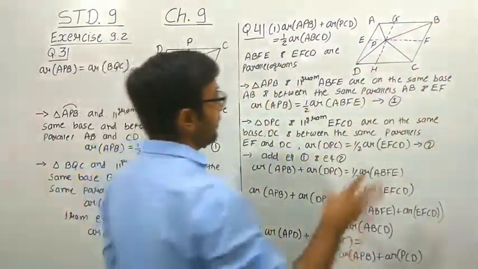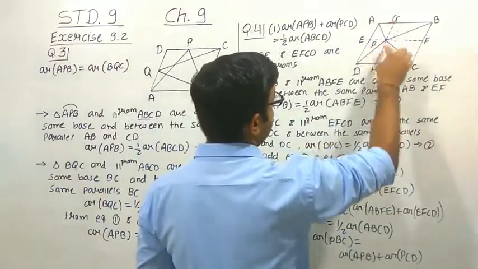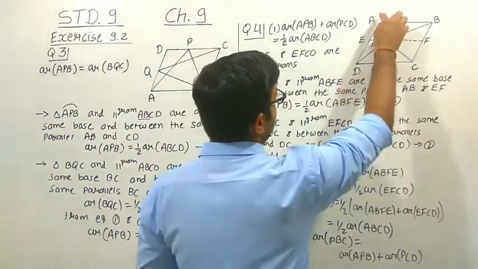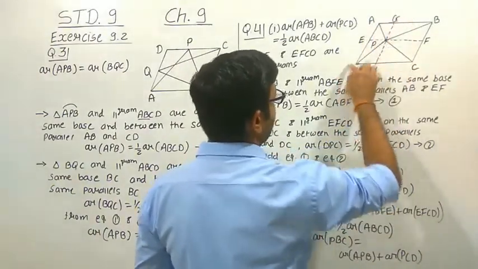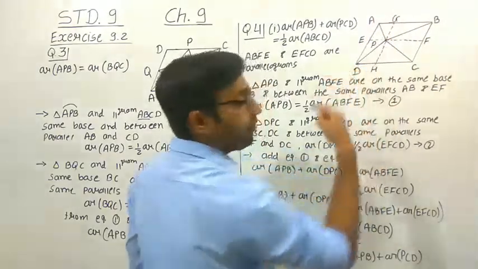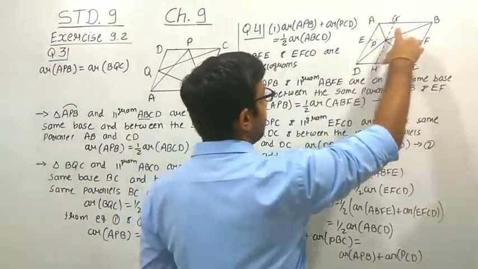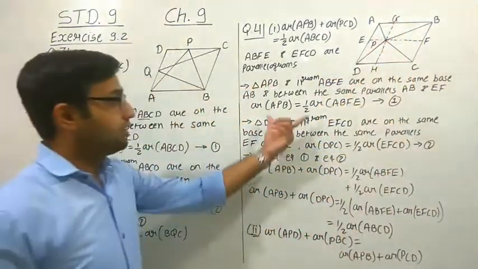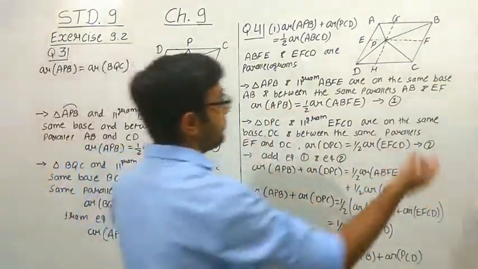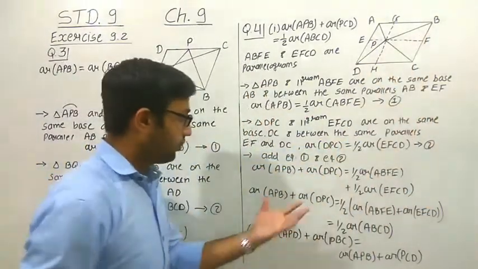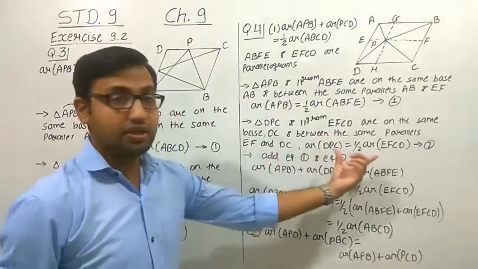Here triangle APD and parallelogram AGHD are on the same base AD and between the same parallels AD and GH. Then we can write down the first result. The same thing we apply here and get the same kind of result.